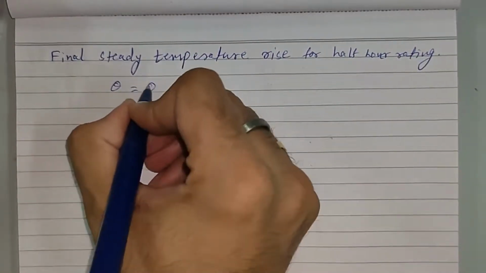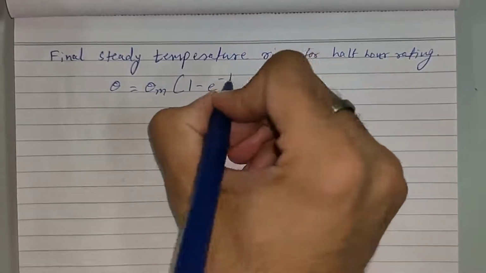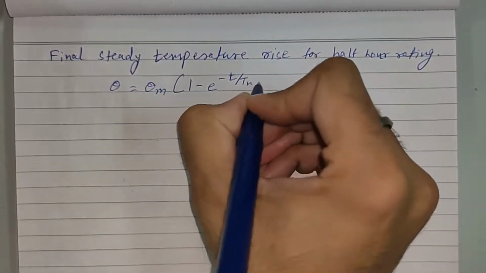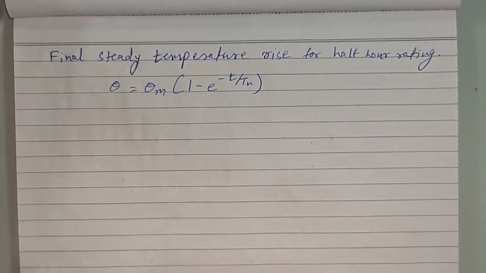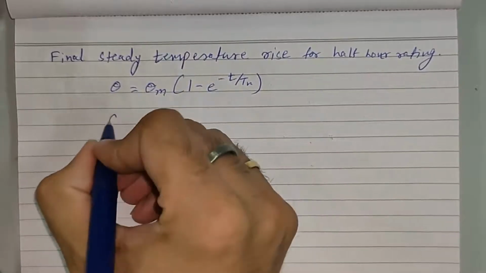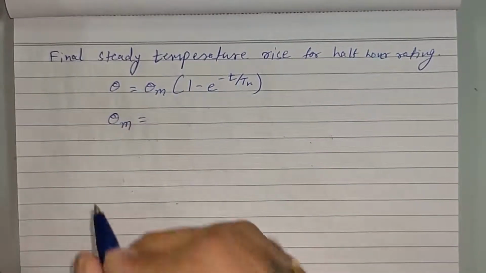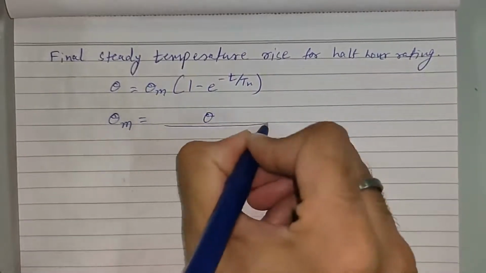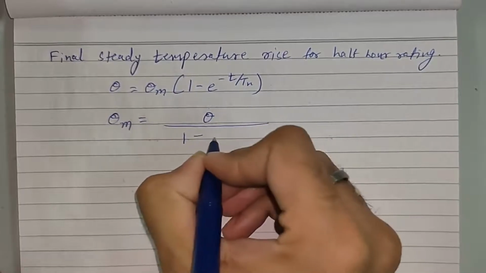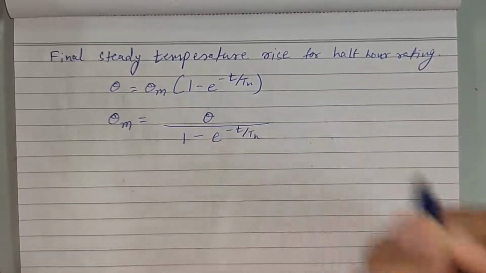Theta is equal to theta m into 1 minus e raised to minus t upon th. Now as we need to find the final steady temperature rise, so let's make theta m as the subject of the equation. So theta m would be equal to theta upon 1 minus e raised to minus t upon th.